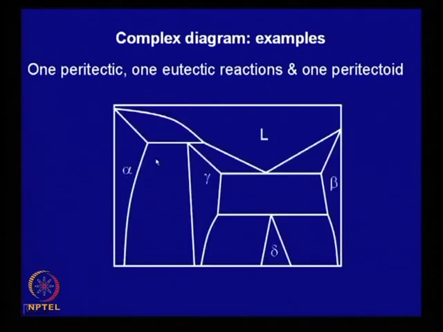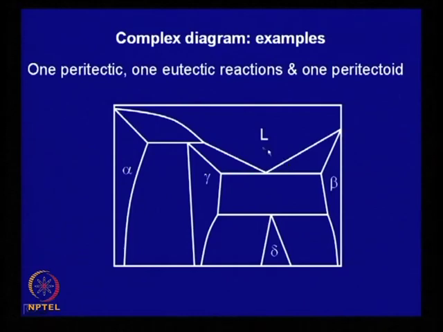Now, this is one such case, this is pure A, pure B, and these are the single phase regions alpha, gamma, delta and beta, and you have 3 invariant reactions. This is peritectic, where alpha reacts with liquid giving gamma.